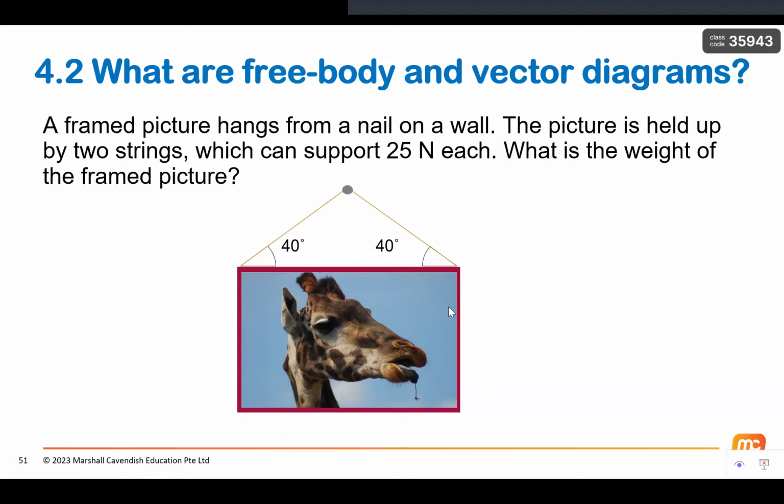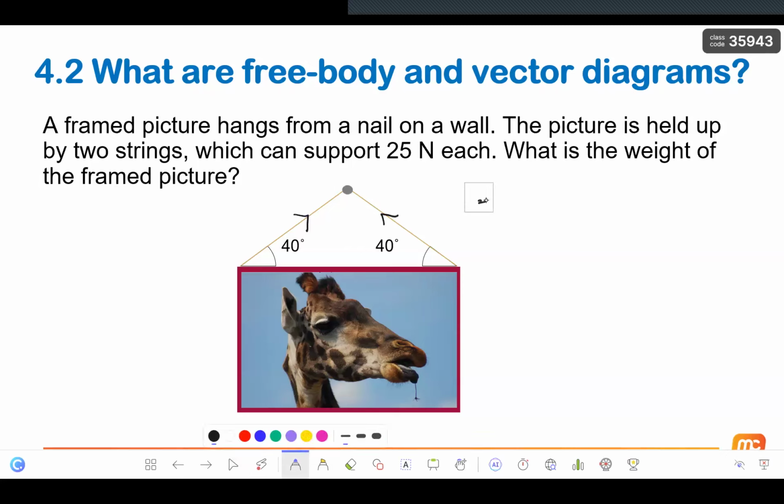Okay, I have a tension in these 2 strings. So the tension of these 2 strings will be over here. And each tension will be 25 newtons. And because of these 2 strings pulling up, I will have a resultant force upwards.